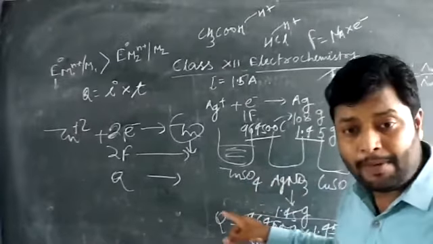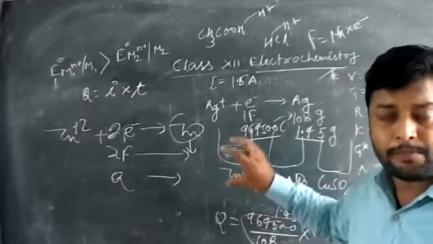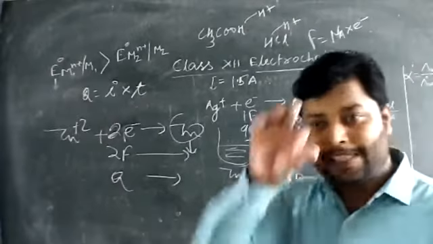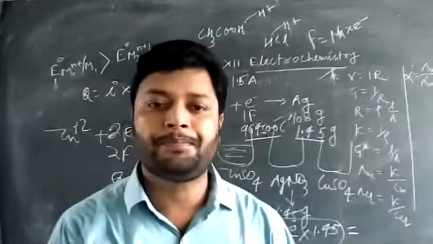The same amount of charge deposits the amount of zinc and the amount of copper on the electrodes, so you can calculate the amount of copper and zinc.